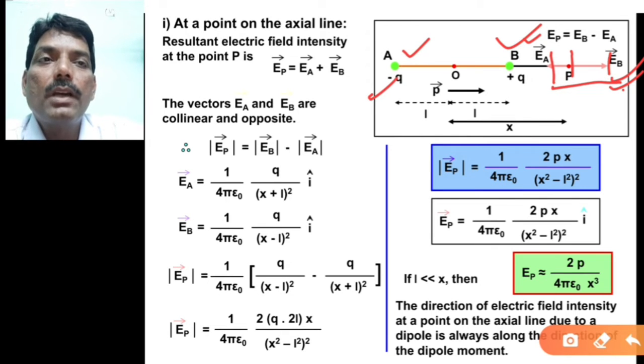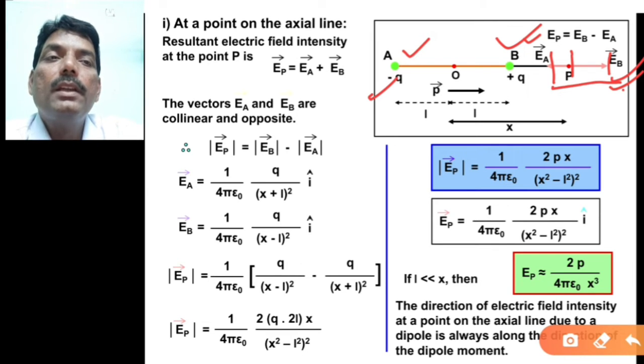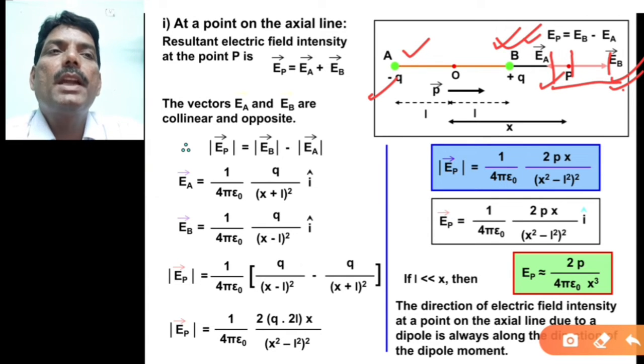The minus q charge is a little bit far away from the test charge, therefore its attractive force EA will be lesser. Or in simple language, the plus q charge is near to the test charge, therefore its force will be more than that of the negative charge.